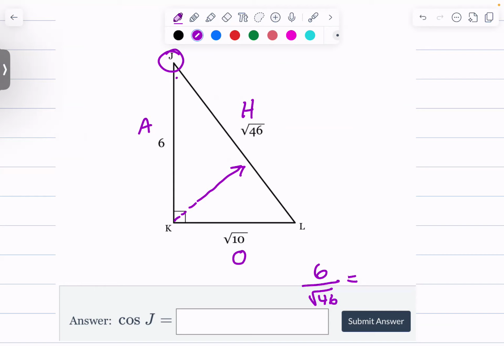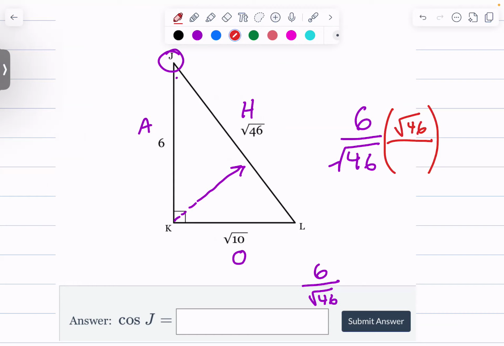So here, we have to rationalize the denominator. You guys remember doing that? To rationalize the denominator of 6 over square root of 46, we're going to multiply both numerator and denominator by square root of 46.